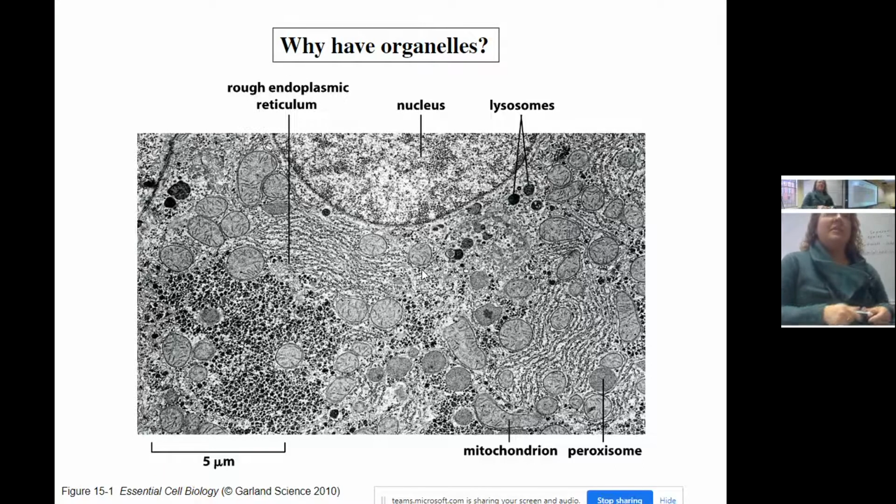And thinking about the benefit of organelles, it's useful to think about how eukaryotes function compared to prokaryotes, which do not have organelles and generally have only one compartment. So organelles allow greater complexity of function.